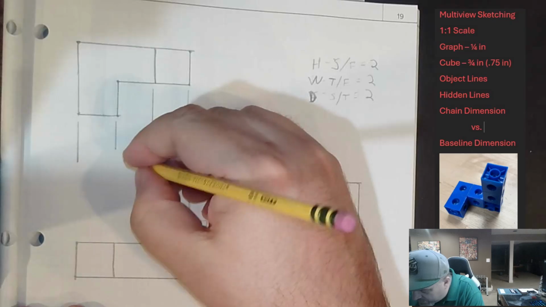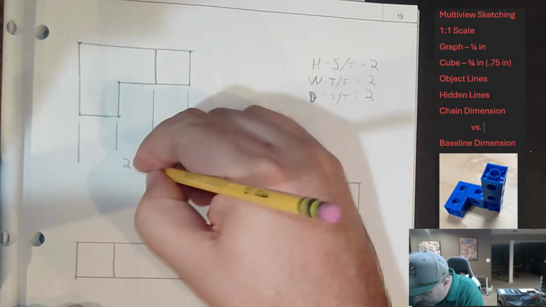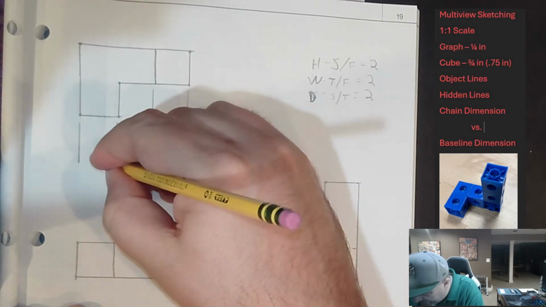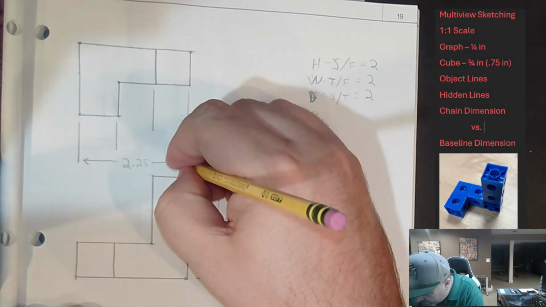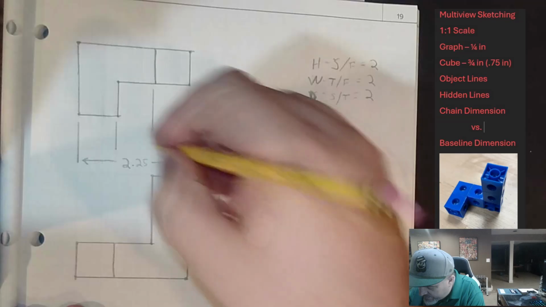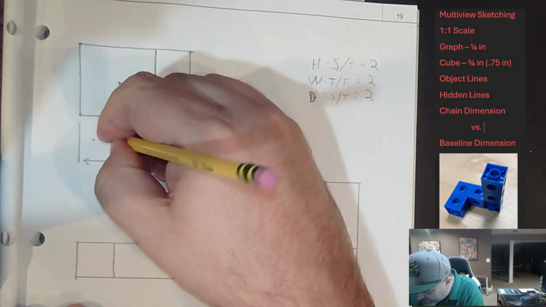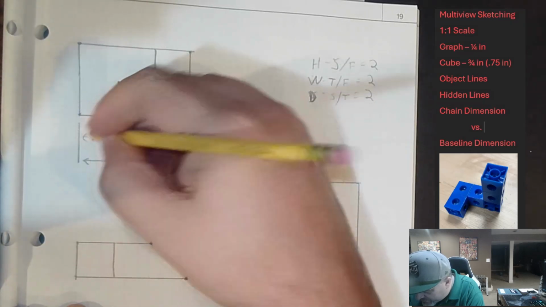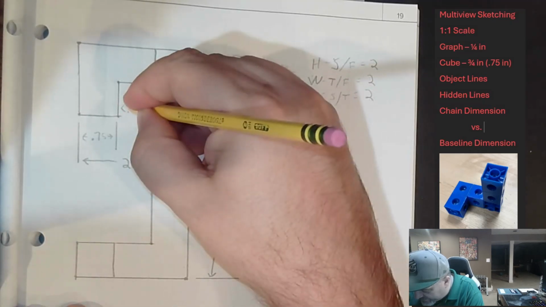So I will start with my overall width, and that is from this line to this line. Here's 1 block, 0.75. This one is 0.75.